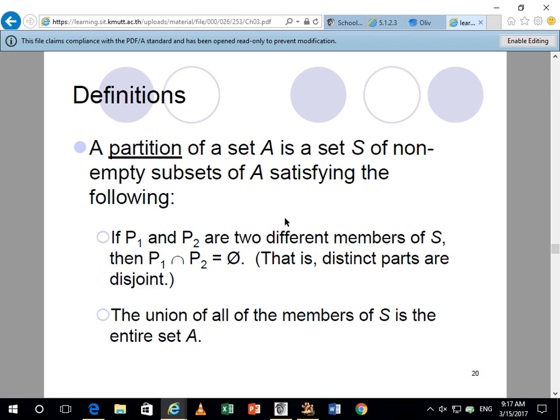Okay, let me just start with a review. At the end of last class, we talked about partitions. If you partition this class into those who are late and those who arrive on time, that consists of the whole class.